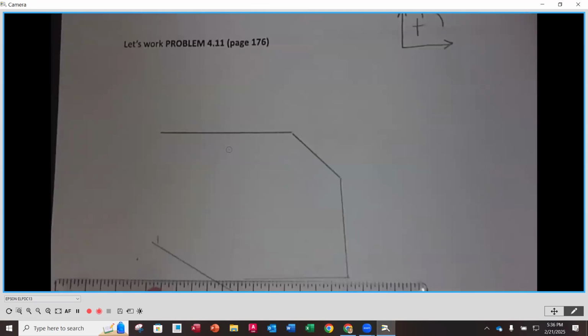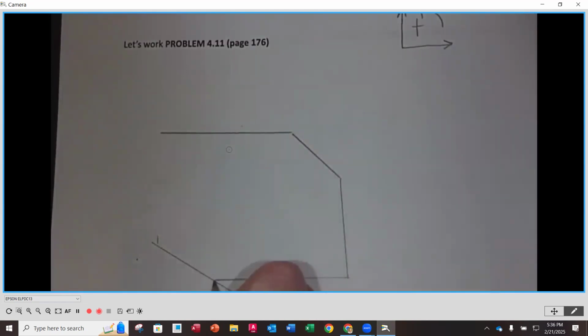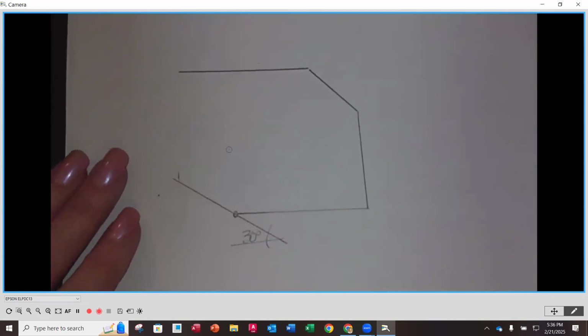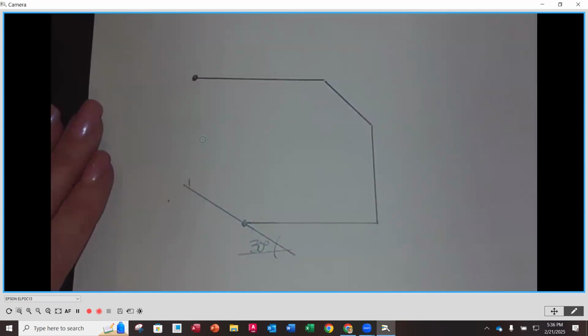And then we're going to have E coming right there. A is going to be up here.